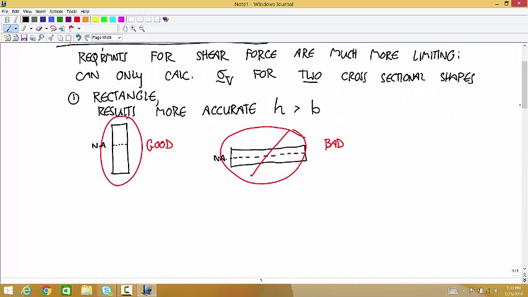Okay, so that's the first shape we can deal with. The second shape is circular. And even then, we can only calculate the stresses along the neutral axis.